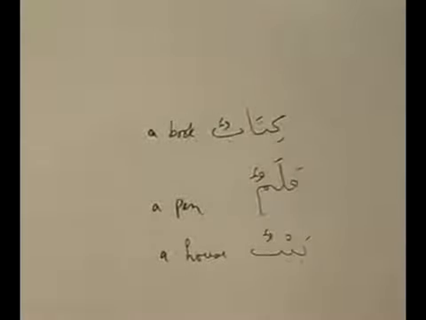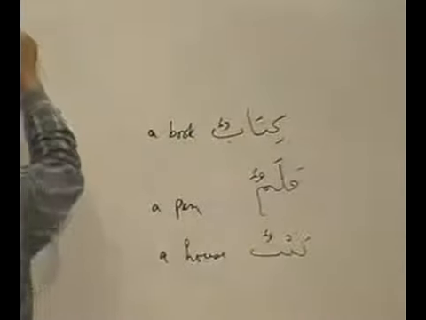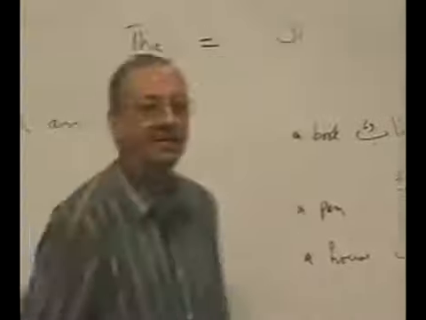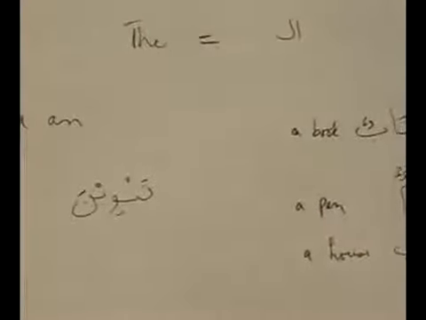And then, how do I make it definite? So, definite, which is the in English, we have to add al to the noun. So I want to say the book. What will I do now?